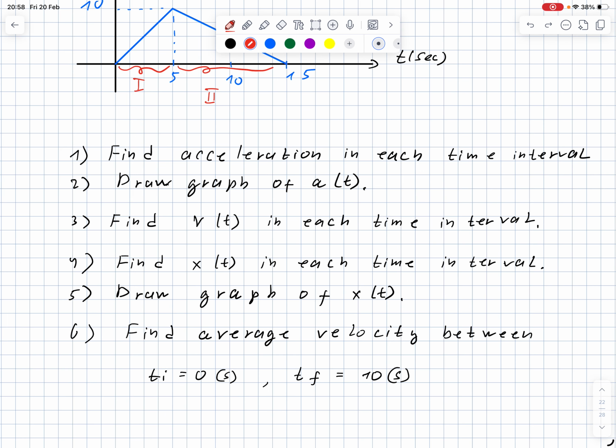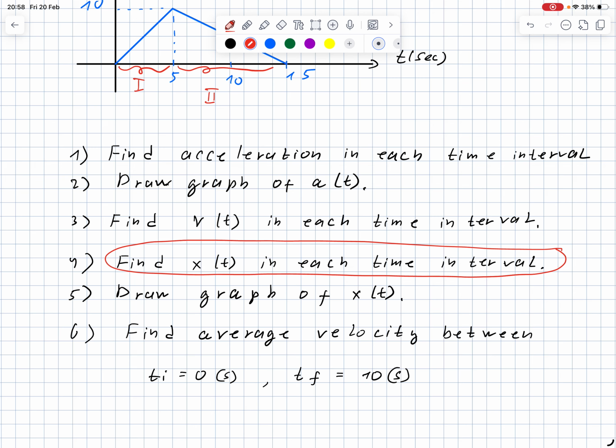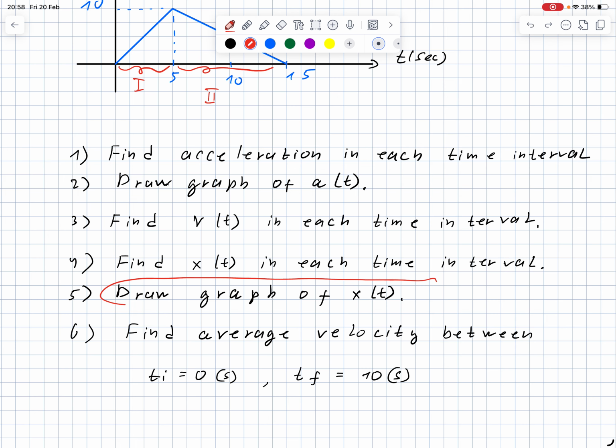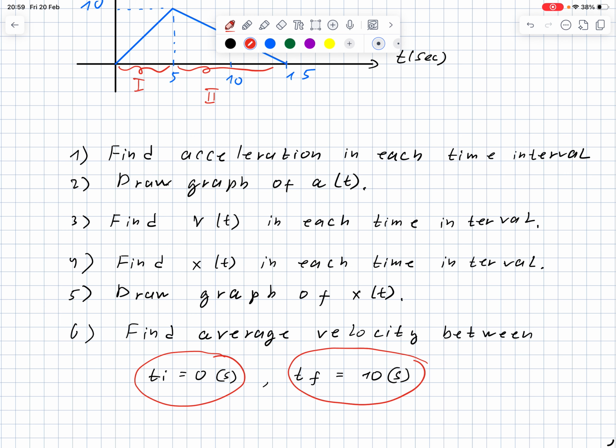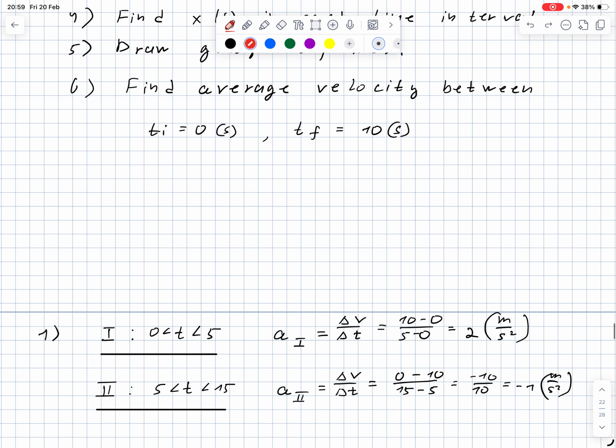Then we're going to find x of t in each time interval, and also draw the graph of x of t, and also calculate the average velocity between initial time of 0 seconds and final time of 10 seconds. Okay, let's go to the solutions.